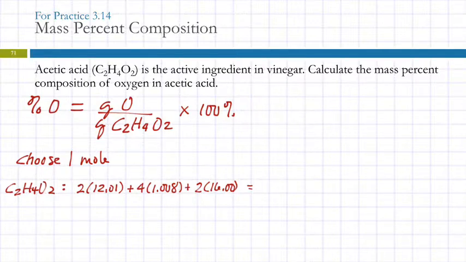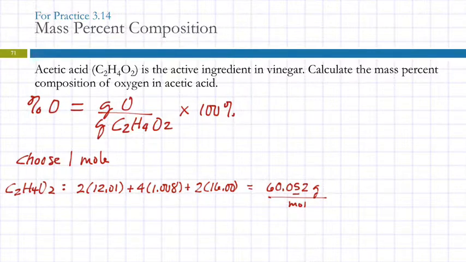So we calculate that out. 2 times 12.01 plus 4 times 1.008 plus 2 times 16 equals. I'm getting 60.052. So that is grams per mole. So if we have 1 mole of it, it weighs 60.052 grams.